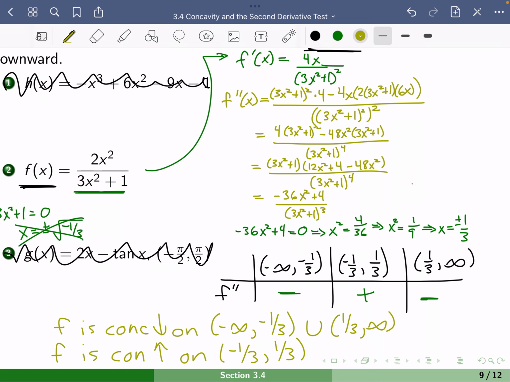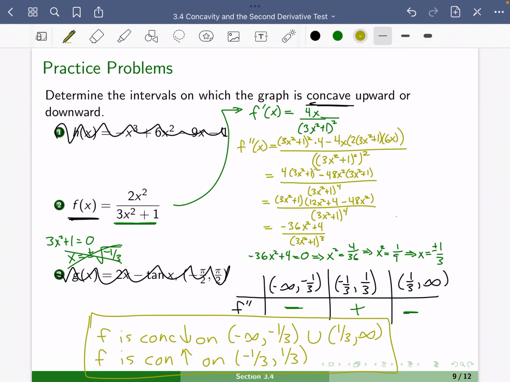We will have inflection points at both negative 1/3 and positive 1/3. But since we were only asked about the concavity, we will look at that there.